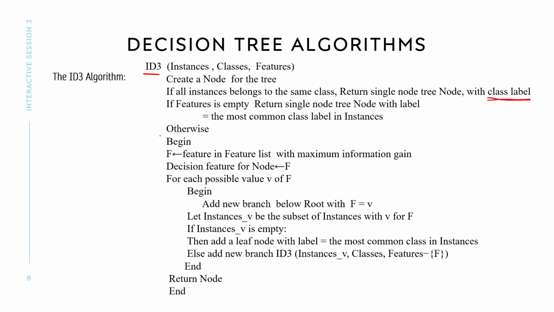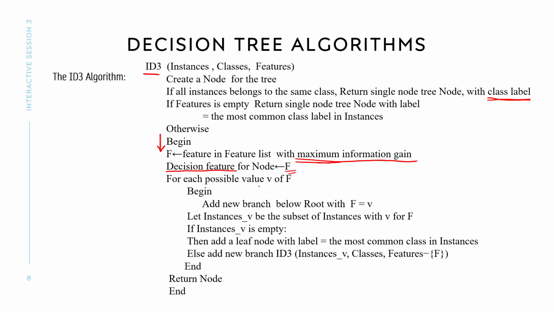Otherwise, this is actually where the algorithm begins. First I'll find F, the feature in my list with the maximum information gain, right? So this is where I start, and now I have my decision features also. F will have its own values, right?